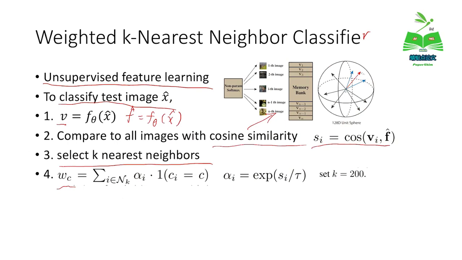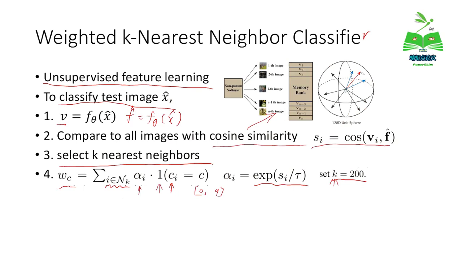The classes, for example, if it is CIFAR10, are 0 to 9. So for each class, we select the k nearest neighbors one by one and check their category. If the category is this category, it gives 1. It's the indicator function, times the similarity.